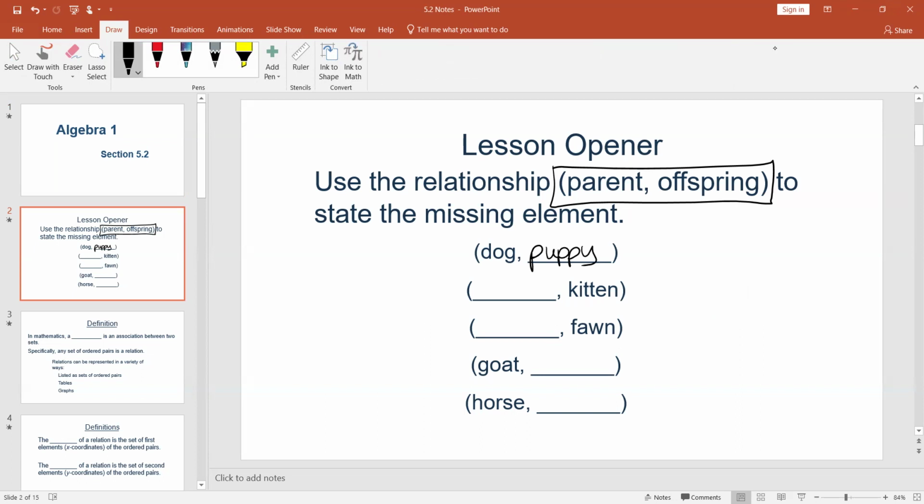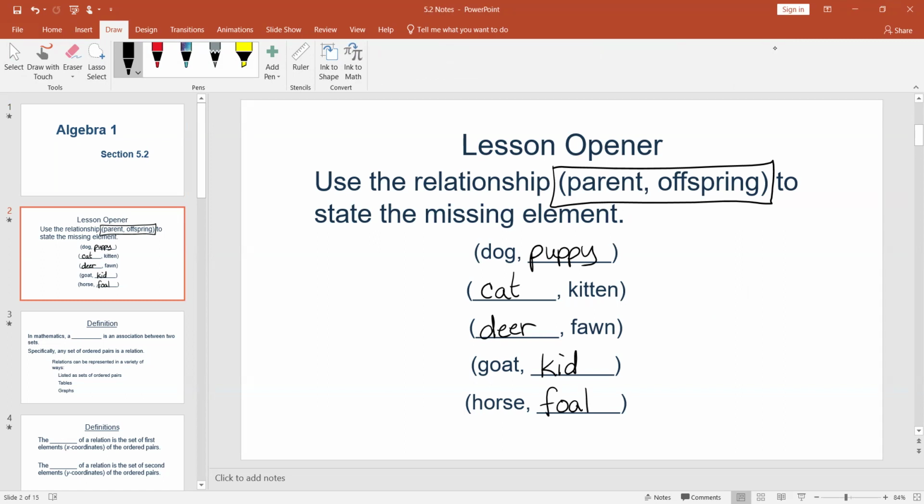If the offspring is kitten, the parent would be a cat. If the offspring is a fawn, that is the offspring of a deer. If the parent is a goat, the offspring of goats are called kids. So a goat would have a kid, and a horse would have a foal.